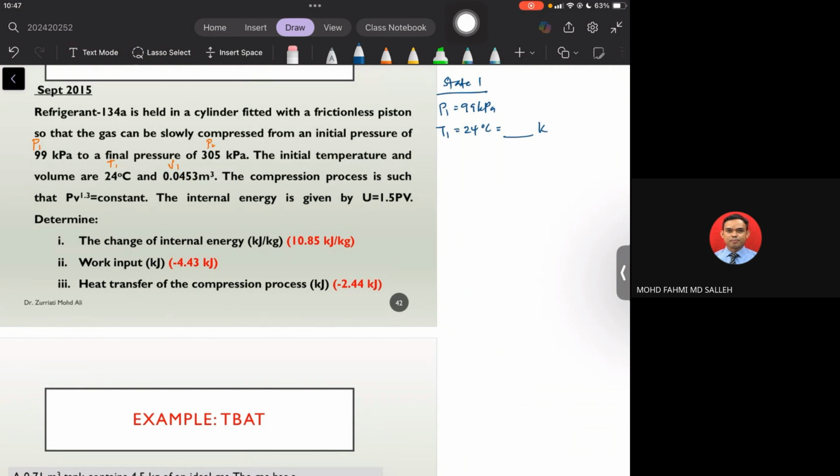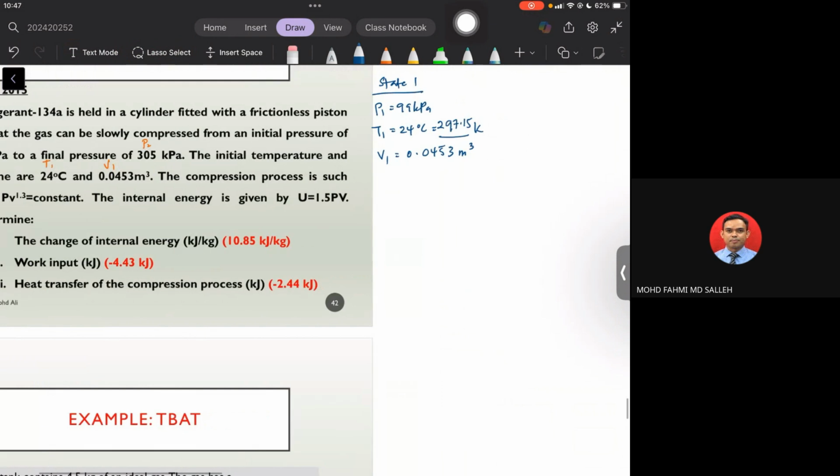So it's going to be 297.15 Kelvin. And then we also have given from the question the volume V1, which is 0.0453 meter cube. So next what we have is information from state 2, which is only the pressure, 305 kilopascal.